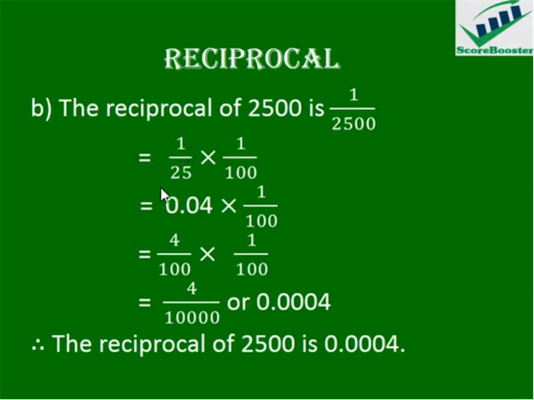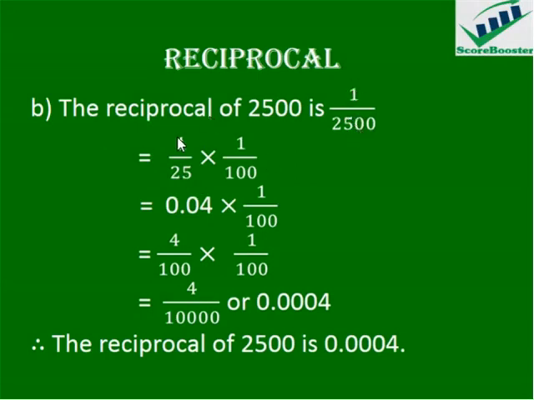So we are to use that value to obtain the reciprocal of 2500. I know that the reciprocal of 2500 is 1 over 2500, and 1 over 2500 can be split as 1 over 25, which is what we have been given already, multiplied by 1 over 100. If you do this, you will get 1 over 2500 back.